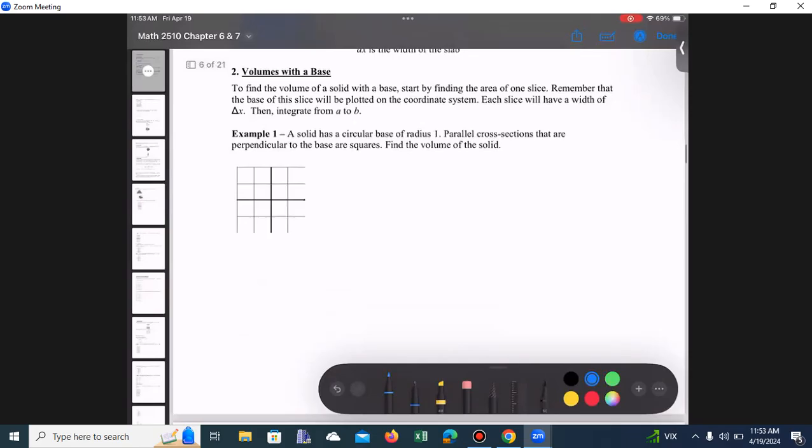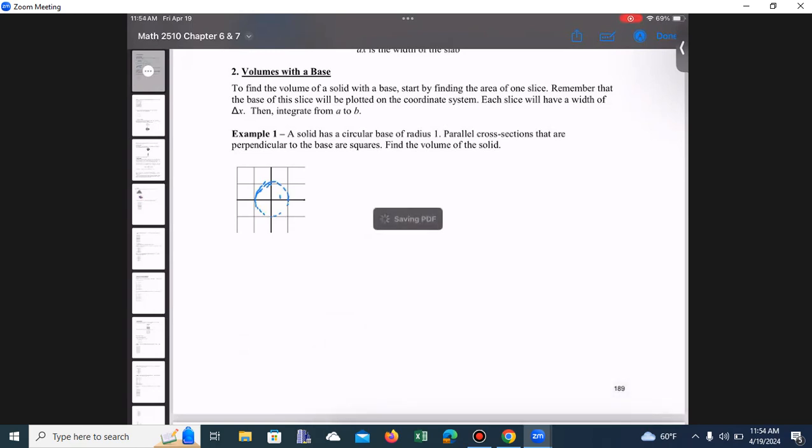All right, so let's start with just a base. This volume is going to have a base, and we want to find the area of one slice. Remember that the base of this slice will be plotted on the coordinate system. Each slice will have a width of delta x, and then integrated from a to b on here. So if we're looking at a circular base of radius 1, we're going to have square parallel cross sections.